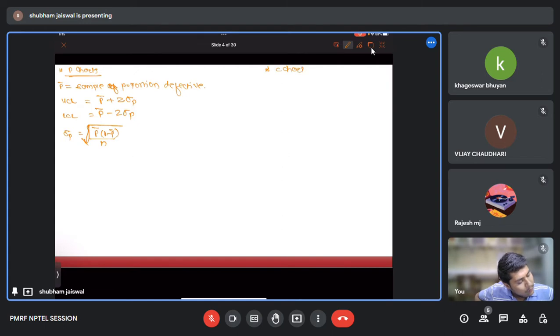Okay. After this point we have seen the next chart, that is the C chart. The C chart is for the number of defects, or defects per unit, in a fixed sample size n. The center line is given by C bar, that is nothing but the average number of defects.